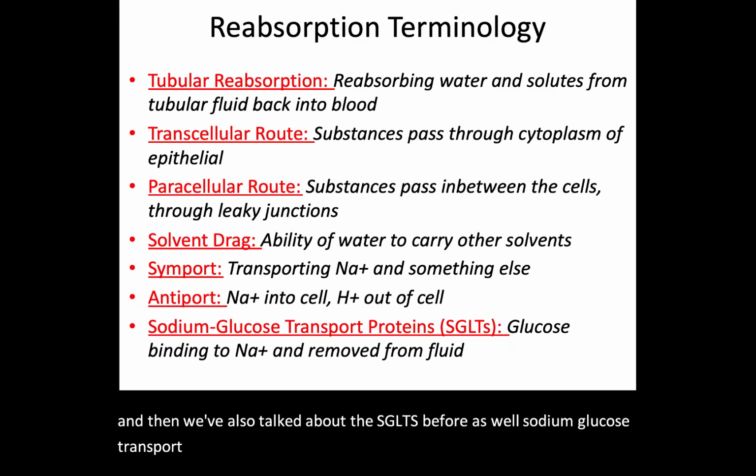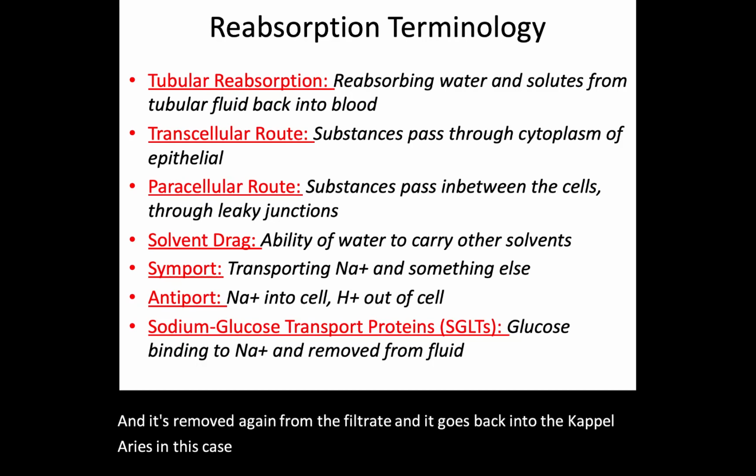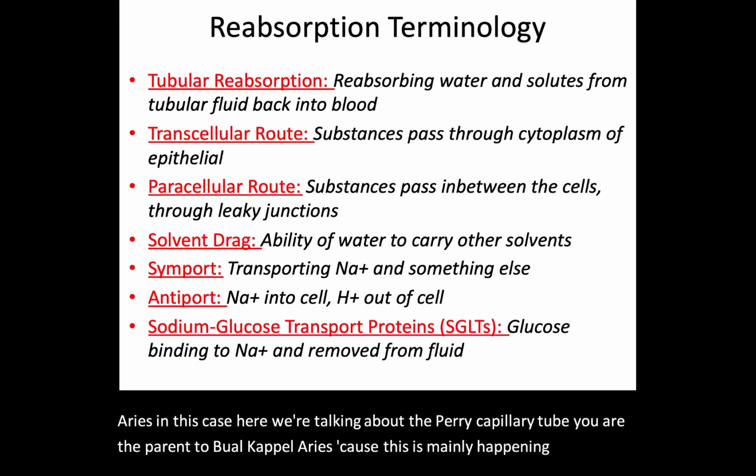And this is where we're using glucose that is bound to sodium, and it's removed again from the filtrate and it goes back into the capillaries. In this case here, we're talking about the peritubule capillaries, because this is mainly happening within the proximal convoluted tubule.